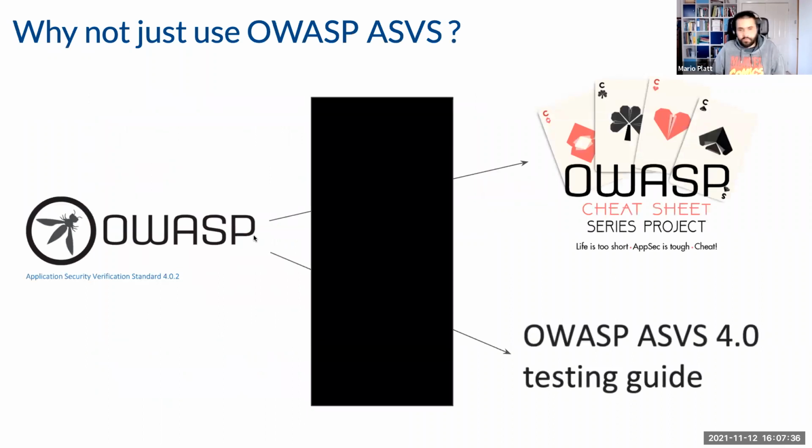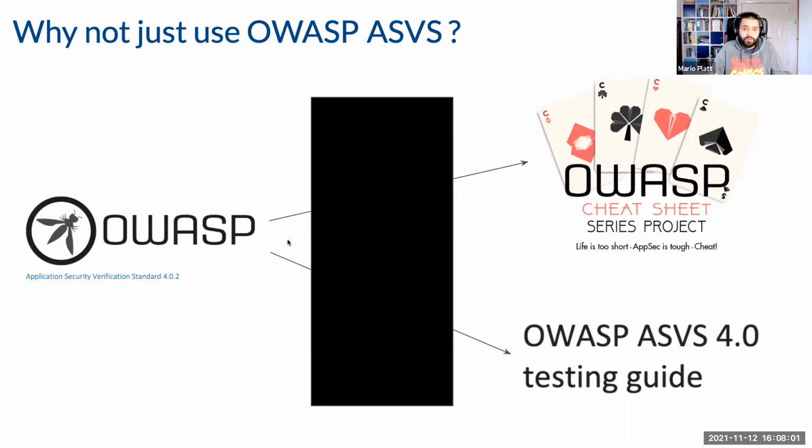So the reason this project was created: why not just use ASVS? In my opinion, the OWASP project has very good documentation, namely the OWASP ASVS standard, which usually serves as requirements. A lot of security teams these days just use that for their application security requirements.